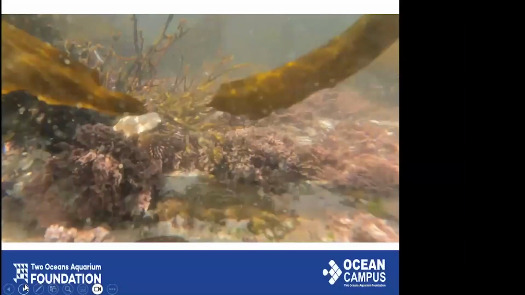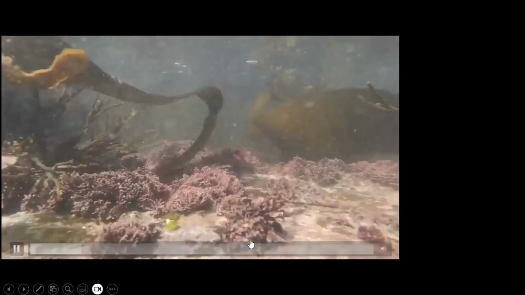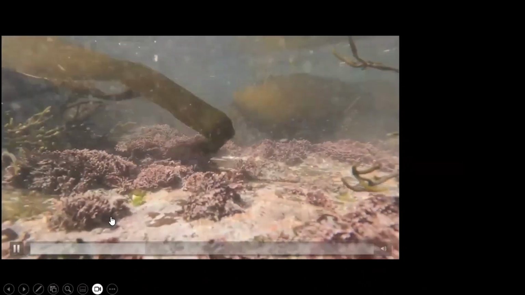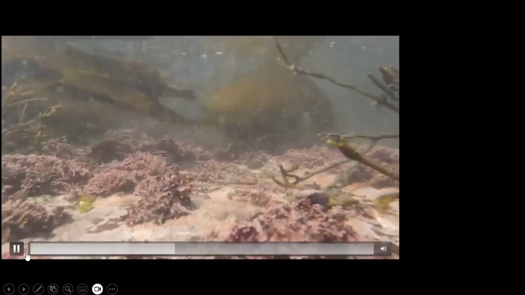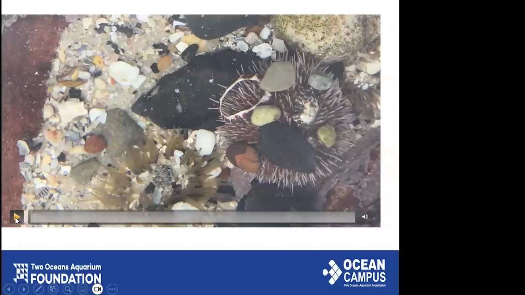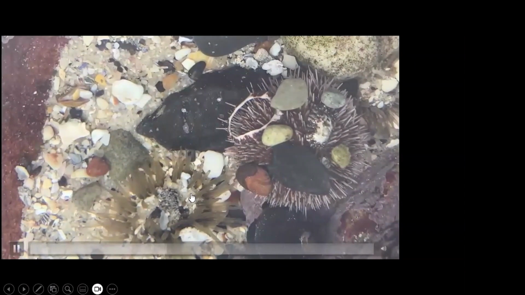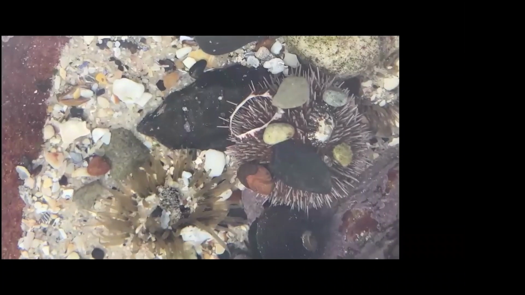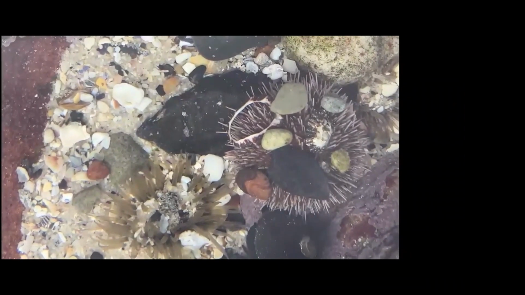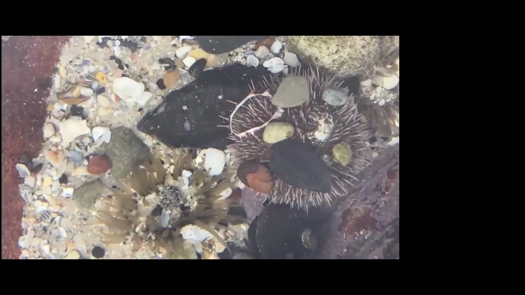So one other thing, just showing the impact of wave action in the water itself for these animals and plants particularly. And one other that is not as obvious is that along with the waves coming in, they actually push sediment into these rock pools, and so that could result in the animals being covered by sand.